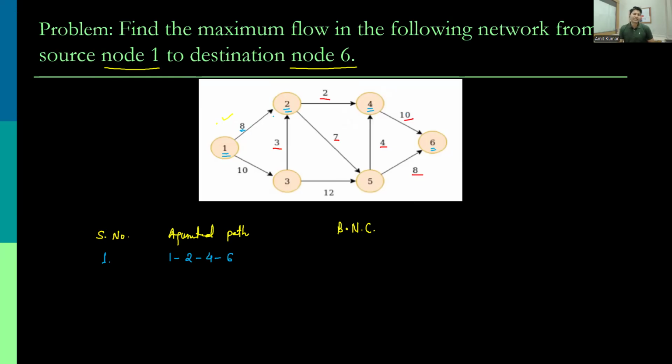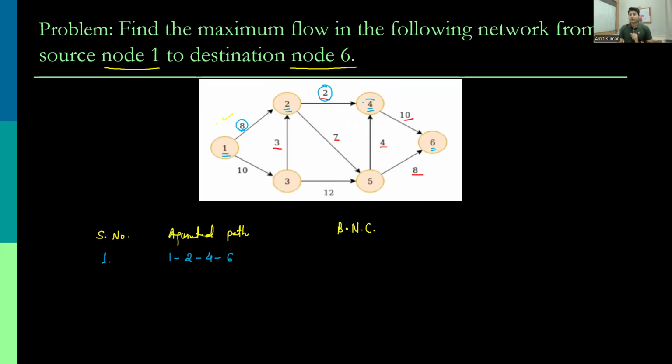Now try to understand what the bottleneck capacity for this is. We are transferring 8 units from 1 to 2. Now at 2, we have 8 units, but the 2 to 4 edge can carry only 2 units.